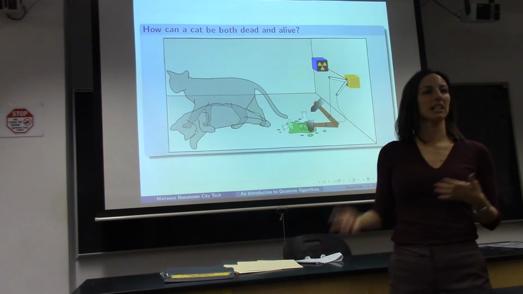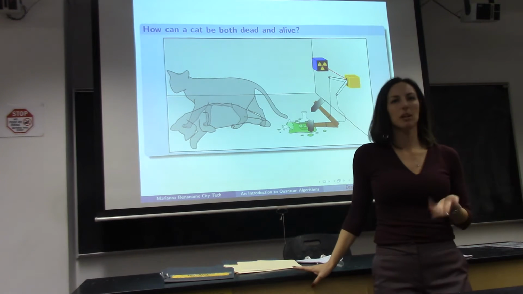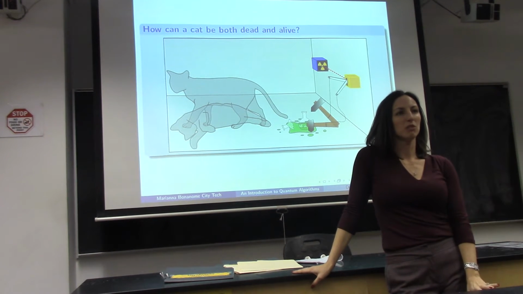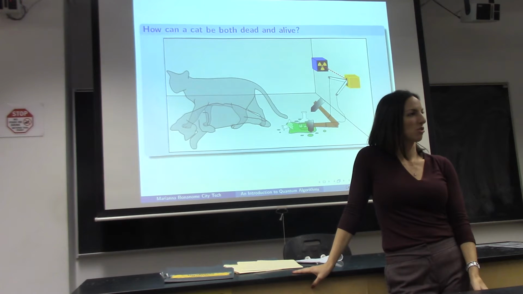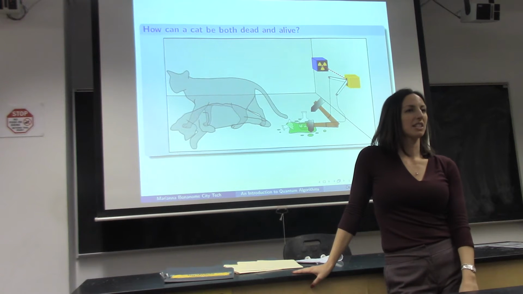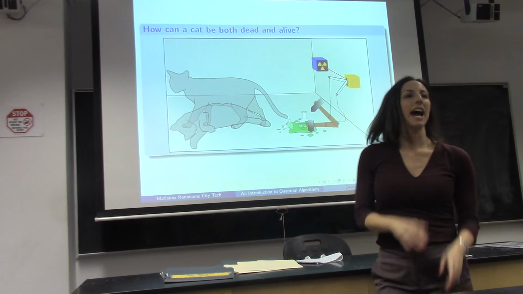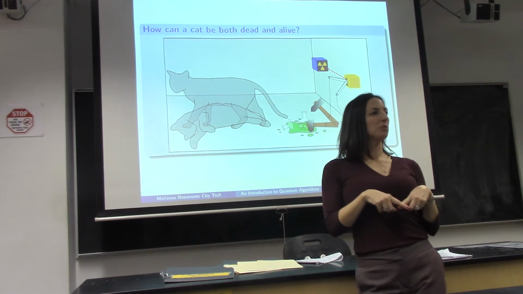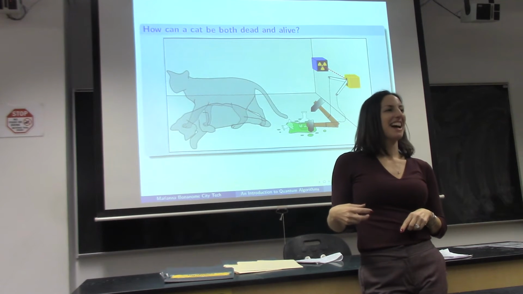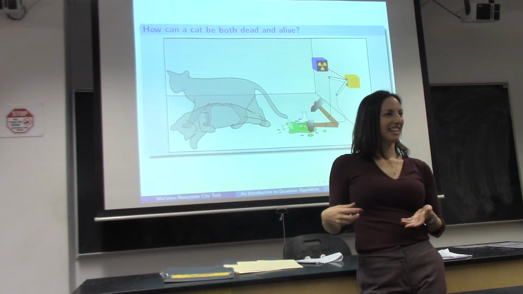Okay, so how is this relating to quantum mechanics? Well, we talk about how it could be 0 and 1 at the same time. I'm sure many of you are familiar with this whole idea of Schrodinger's cat. Are you familiar with it? Some of you may not be familiar with the thought experiment. It goes like this: we have a cat in a sealed box, and we have some poison in a vial, and a Geiger counter next to it.